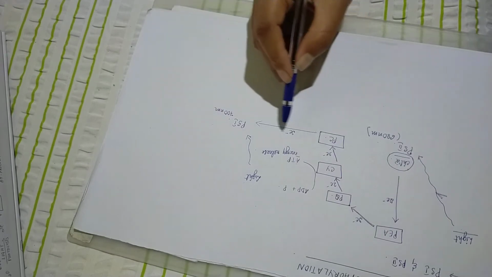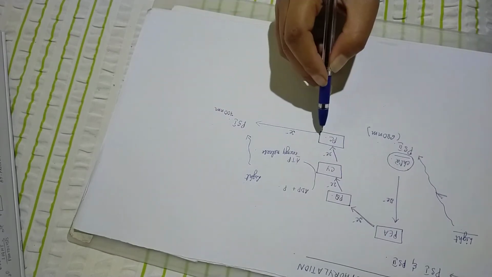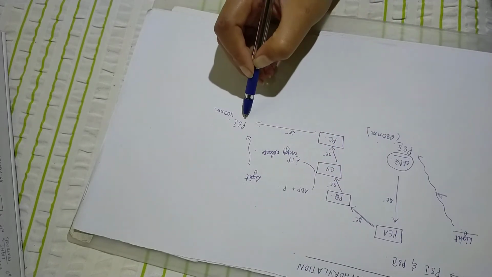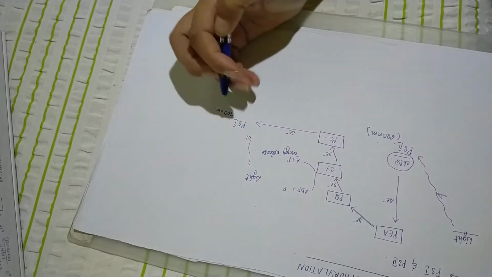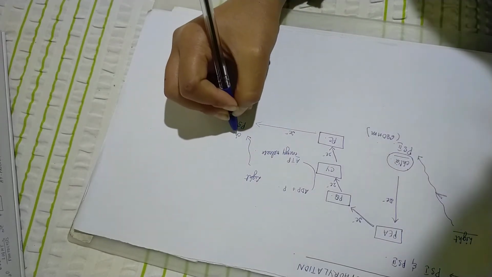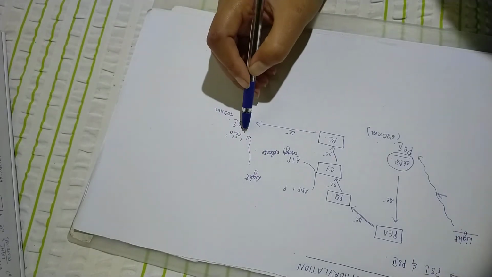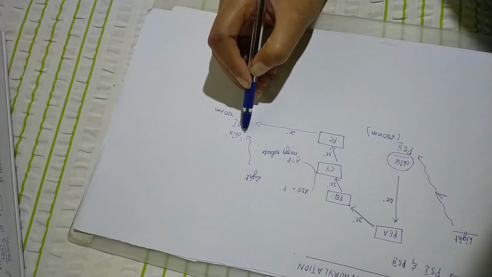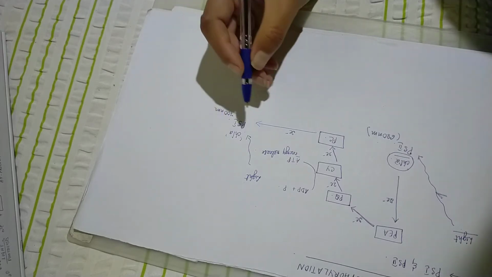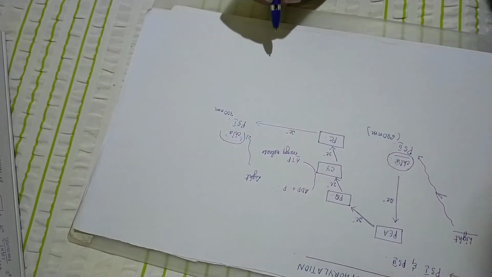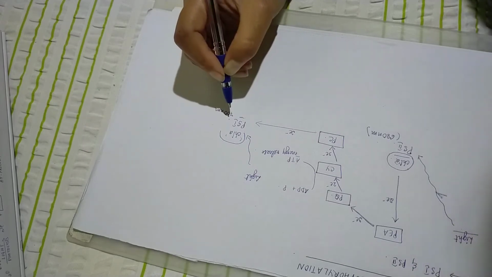So when the electron goes through all this electron transport chain, it gets transferred into PS1, and also energy comes from light. Here the reaction center is also chlorophyll A. So when this chlorophyll A gets a maximum amount of photons, light energy, and accessory pigments, the electron gets excited again and gets transferred.